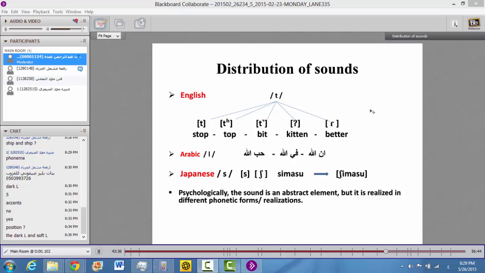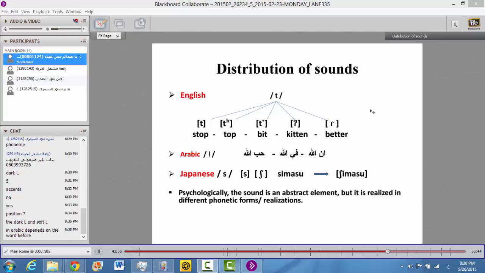Yes, we have dark la, we have soft la. In tajweed we say there is tafkheem and tarqeeq. In what environment do we usually soften the la and make it dark? Is it just however we like, sometimes dark, sometimes soft? Or is there a particular reason for the tafkheem and the tarqeeq?